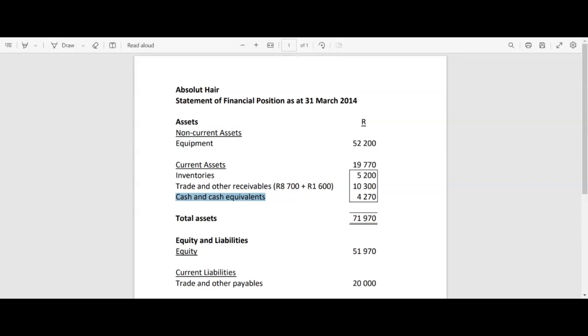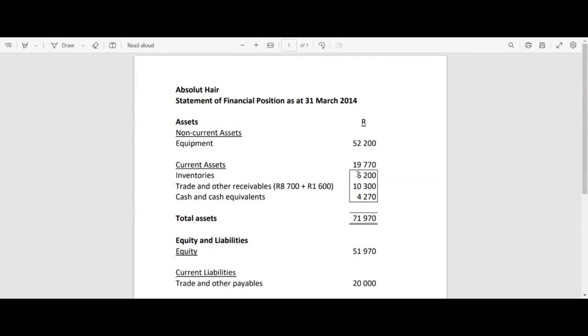But please get used to the term, so we don't disclose it as bank or petty cash or whatever. We combine them and we call them cash and cash equivalents. So that will again be the end balance in that column of our bank account on our accounting equation worksheet.